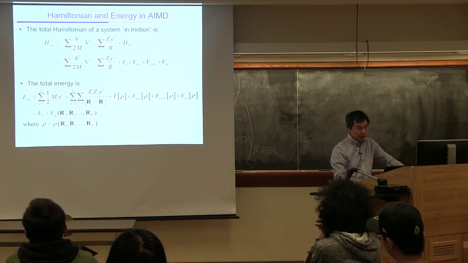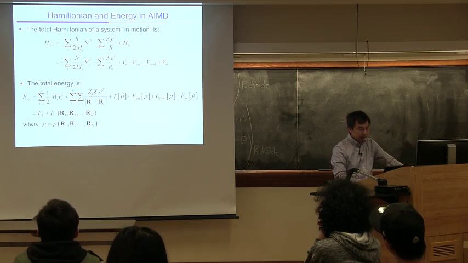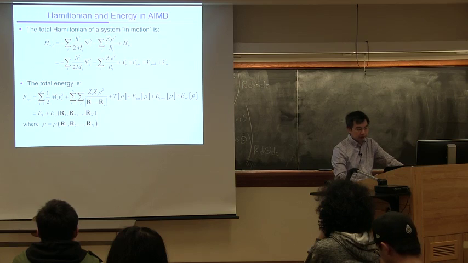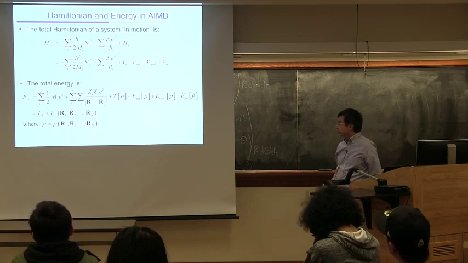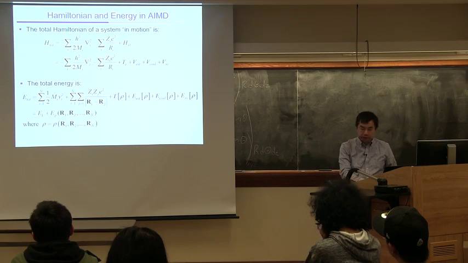That includes the kinetic energy for electrons, the external potential between the electron and the nuclei, the Coulomb interaction between electrons, and the exchange and correlation interaction between electrons, right? Then we need to add two terms to represent the nuclei in the system.